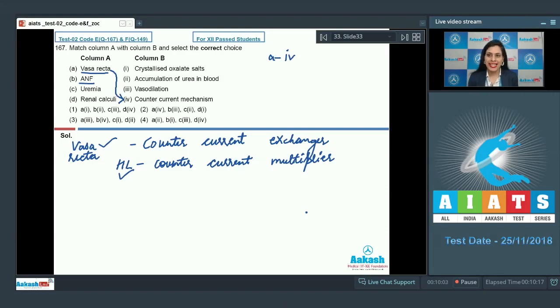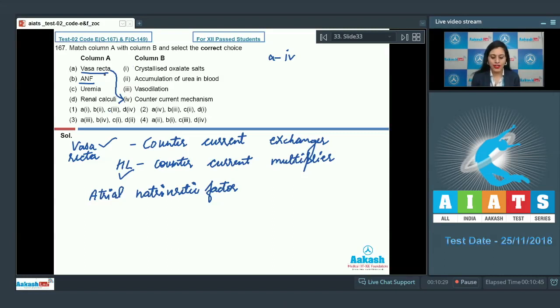The next option is ANF, and ANF is atrial natriuretic factor, which is released from the wall of heart at the time of high blood pressure or high GFR, and it will act as a vasodilator.